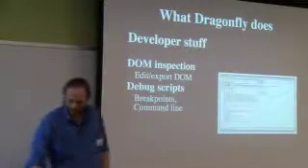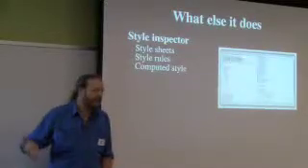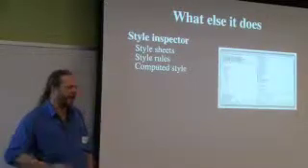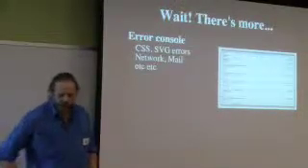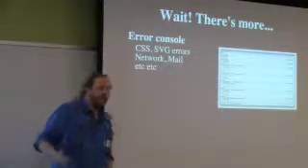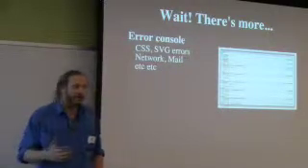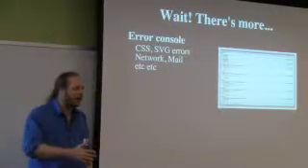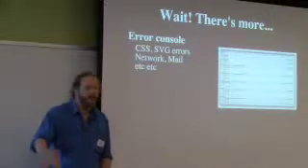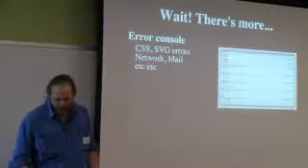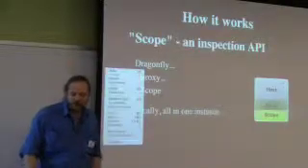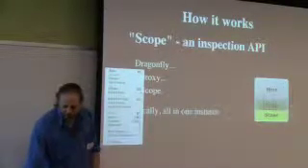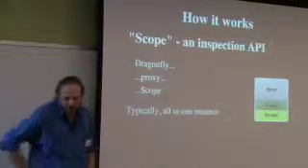You can play with styles, you can change the styles live, you can see computed styles and the style rules. You can see SVG errors, you can do network traffic, you can see what's going on with mail, because you have mail in the desktop version at least, and dig into all that stuff. So it does pretty much what you would expect it or want it to do.